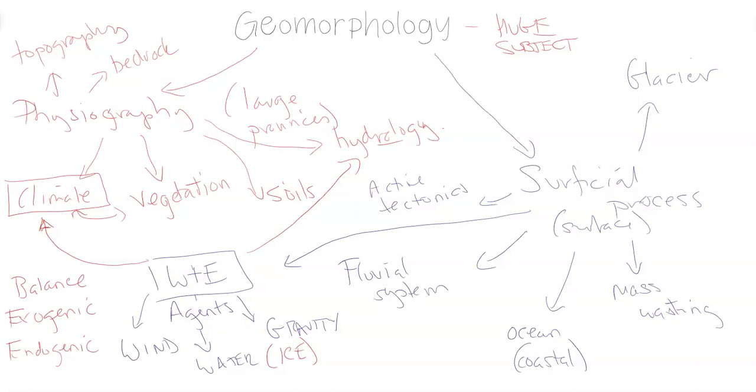Endogenic, that pretty much is the internal processes like the active tectonics. So this one right here is our endogenic. The rest pretty much is going to be exogenic processes we discuss in geomorphology. And the balance between these two is called mass balance.